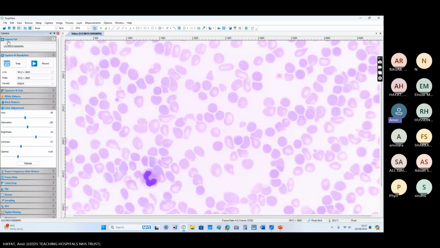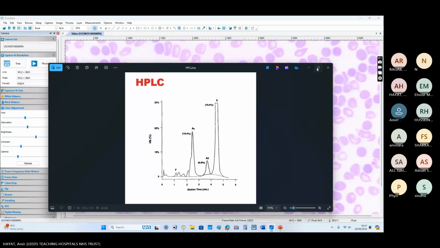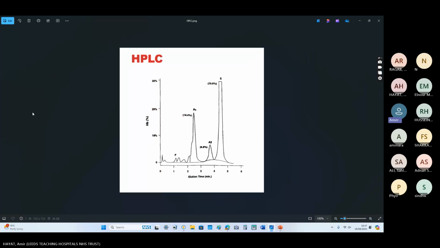Then the patient's mother gave you an HPLC that was taken 4 years ago. So there was a peak in the S region, which accounts for 70.8%, and another in the A region, which is 18.4, I guess.